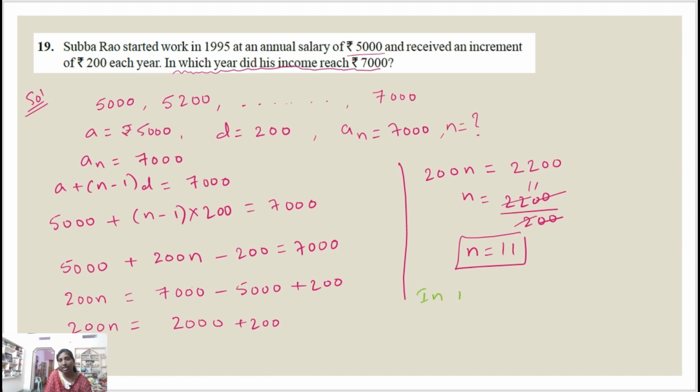In the 11th year his income reached rupees 7,000. So this is the final answer.